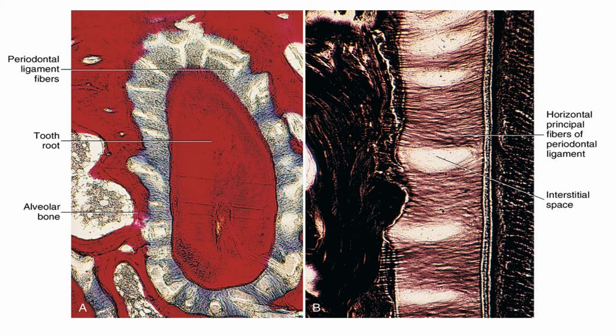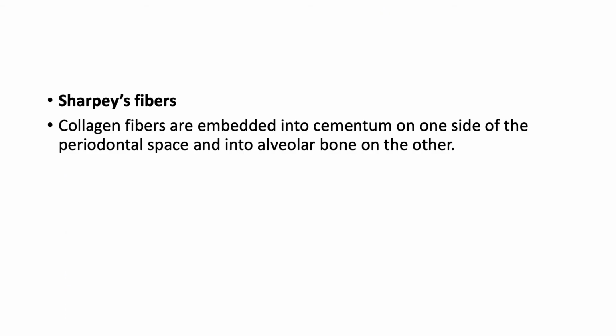Interstitial spaces are the light areas between the horizontal principal fibers of the periodontal ligament. Sharpey's fibers are collagen fibers embedded into cementum on one side of the periodontal space and into the alveolar bone on the other side.